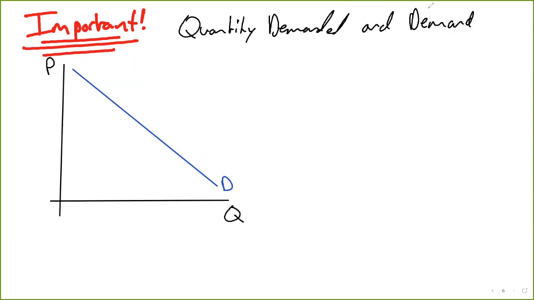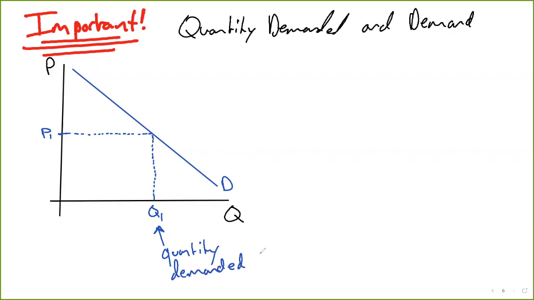So if this is our current demand curve and price is some price level here, P1, we can take this price over to the demand curve, hit the demand curve, and then come down to the x-axis, which tells us our quantity demanded. So this right here is quantity demanded, which is not the same thing as just demand, right? The demand curve itself, this is what we refer to as demand.